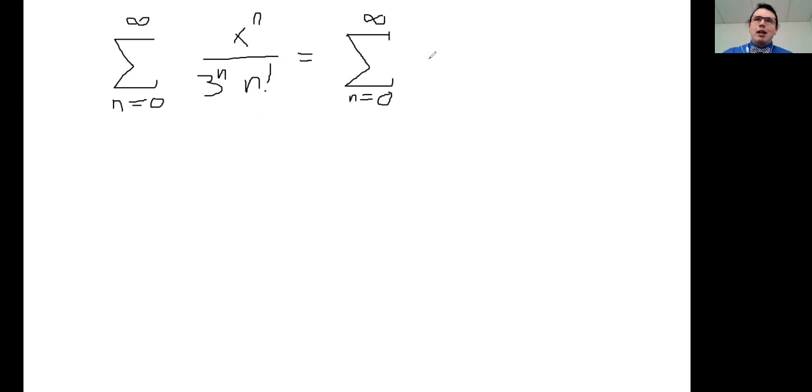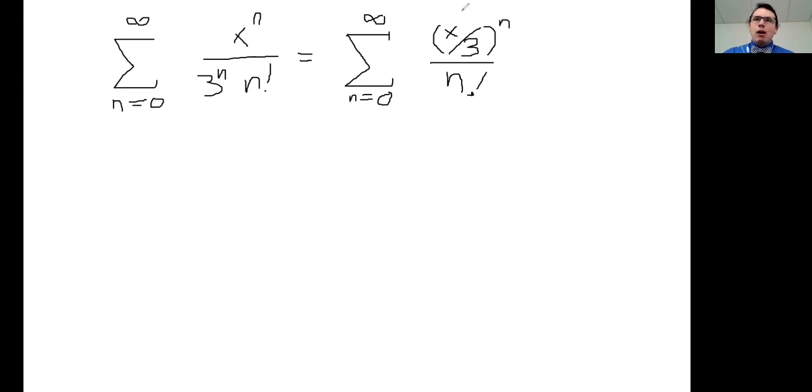Now, to make this look more like the Maclaurin series for the exponential function, my denominator is just supposed to be n factorial, and my numerator is supposed to be some number raised to the power n. Well, to make everything match, I'll say what all has exponent n in this problem. Well, there's an x in the numerator, and there's a 3 in the denominator. Both of those terms have an exponent of n.